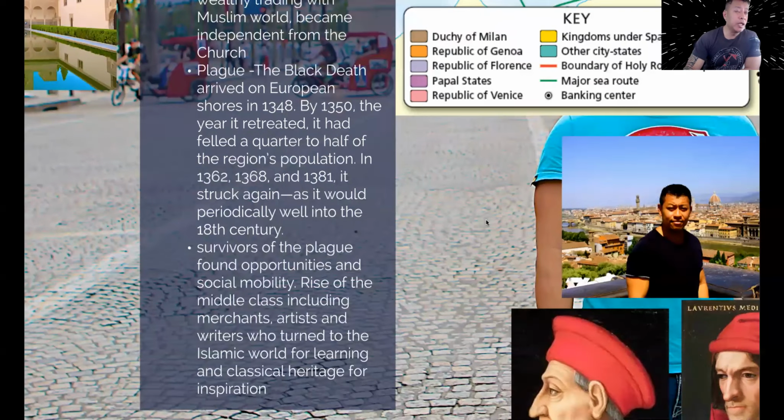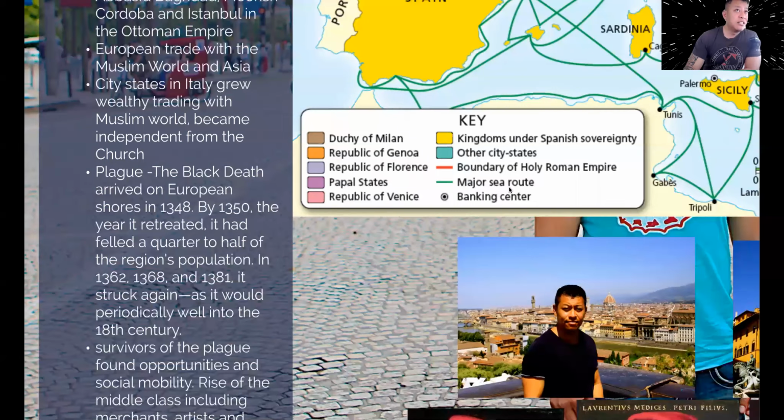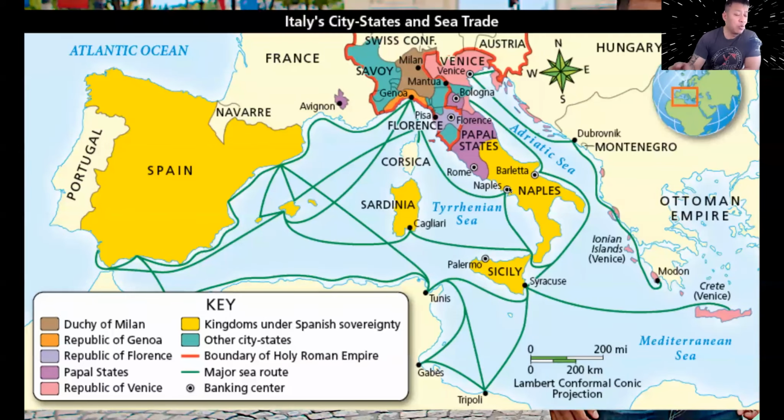Following the plague, cities that were closest to the Islamic world became very wealthy, and they managed to break away from the power of Rome or the power of the Vatican, and they became independent of the Holy Roman Empire.